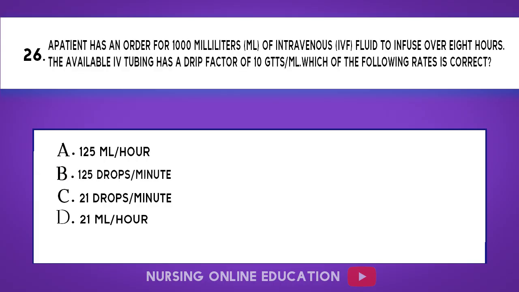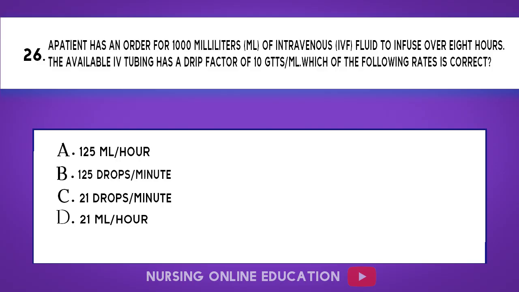26. A patient has an order for 1,000 milliliters, mL, of intravenous fluid to infuse over 8 hours. The available IV tubing has a drip factor of 10 gtts/milliliter. Which of the following rates is correct? A. 125 milliliters per hour. B. 125 drops/minute.